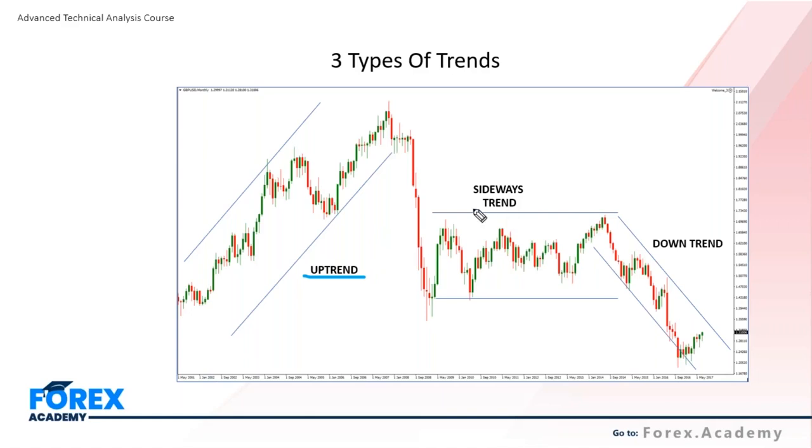Here you can see that the market is moving in more of a sideways direction. And then during this phase, the market is clearly moving in a downward direction. So these are essentially the 3 phases of a trend. The market is either moving up or down, or it is moving sideways.